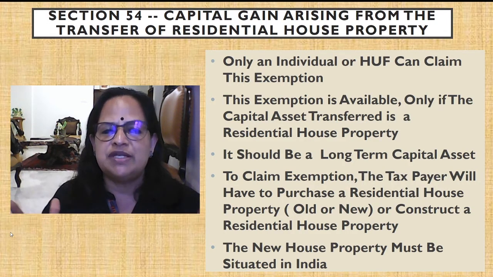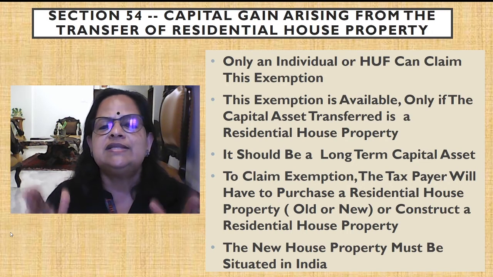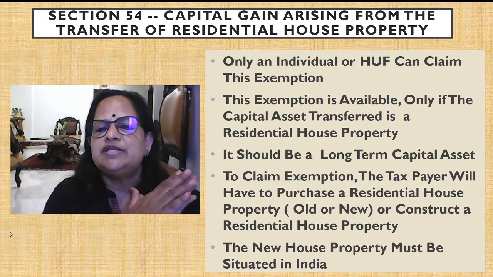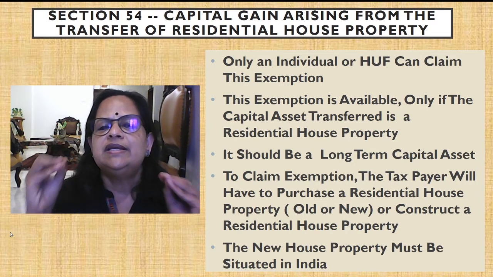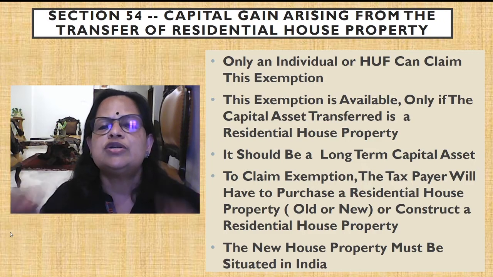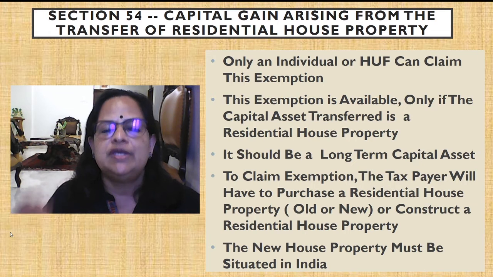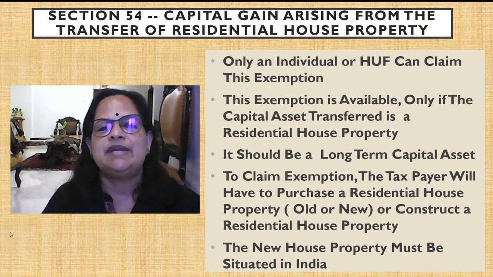This is for comparative study, so you can learn that these sections are also important. You have to remember whether it is available for short term and long term. Here I am stressing that this section is available only for a long-term capital asset. For example, if you bought a house in 2020, 2021 or 2022 and you sell it, you are not going to get an exemption because it's a short-term capital asset.